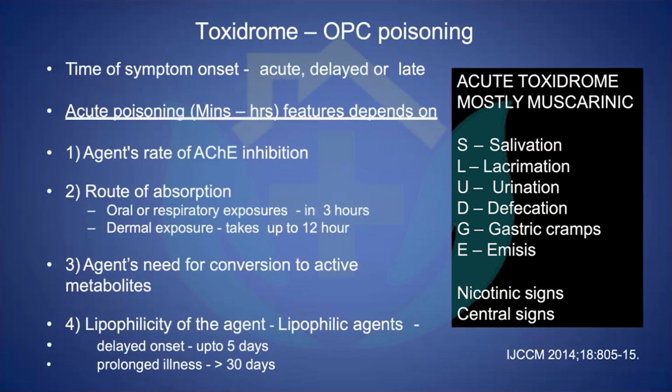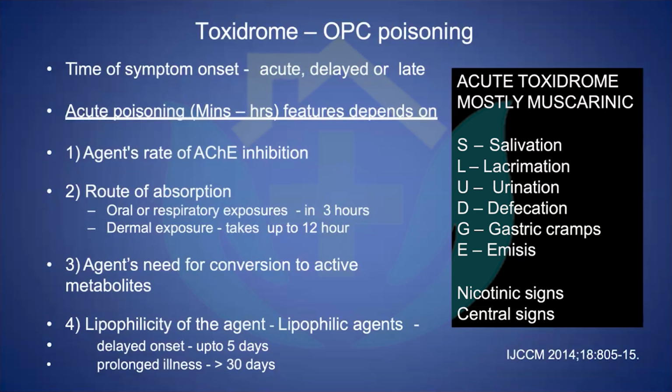So the toxidrome of OP poisoning by time of symptom onset: acute, delayed, or late. Acute poisoning occurs in minutes to hours. Features depend on the acetylcholinesterase inhibitor, and the route of absorption: oral or respiratory exposure within three hours, dermal exposure takes up to 12 hours.